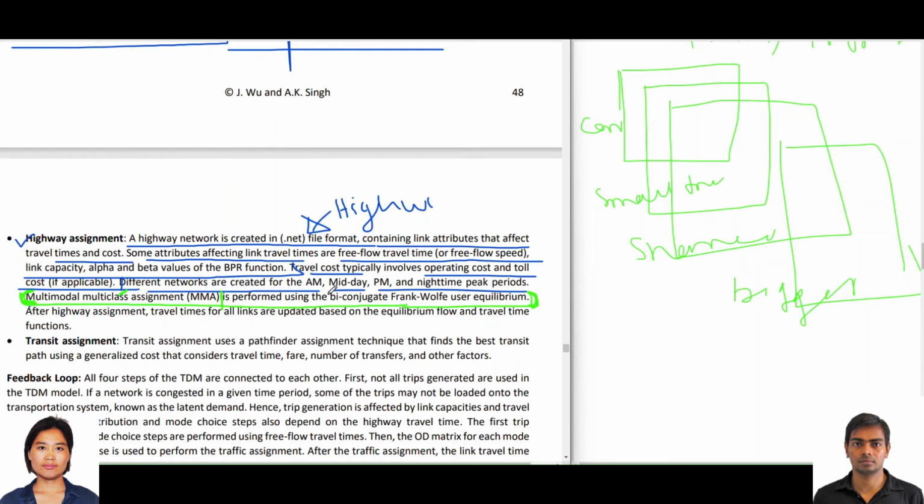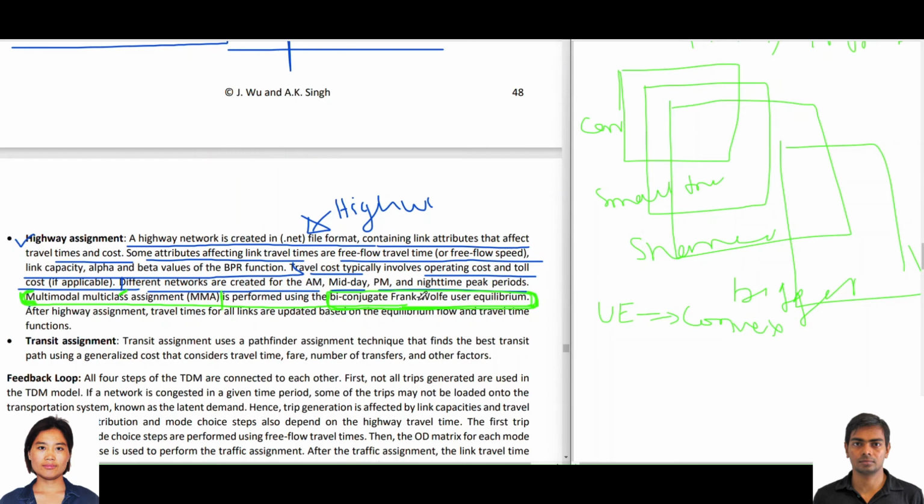It is performed using the biconjugate Frank-Wolfe algorithm. We already talked about the biconjugate Frank-Wolfe user equilibrium in the theory. Just to mention here that in most cases we use biconjugate Frank-Wolfe user equilibrium, which is based on the property that the user equilibrium optimization problem is convex.